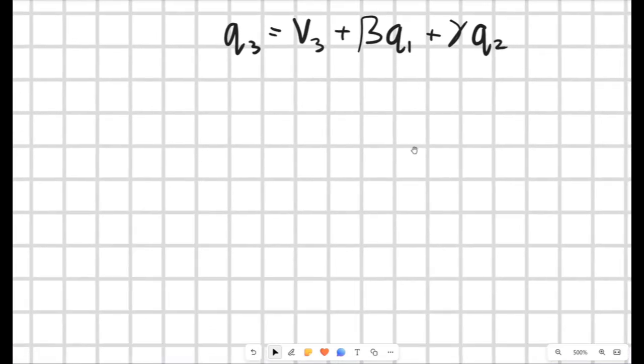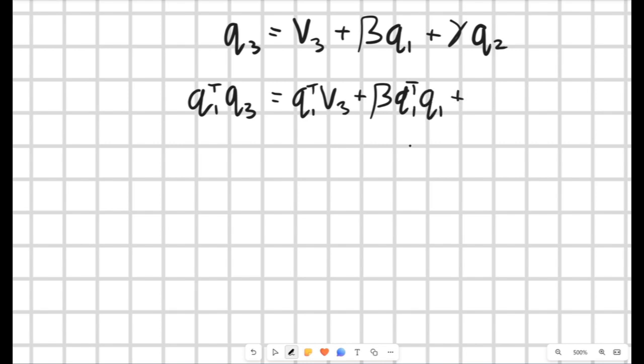So very similar thing, we're going to pre-multiply by Q1 transposed. So that's equal to Q1 transposed V3 plus beta, the constant we're yet to find, Q1 transposed Q1 plus gamma, another constant we want to find, Q1 transposed Q2.